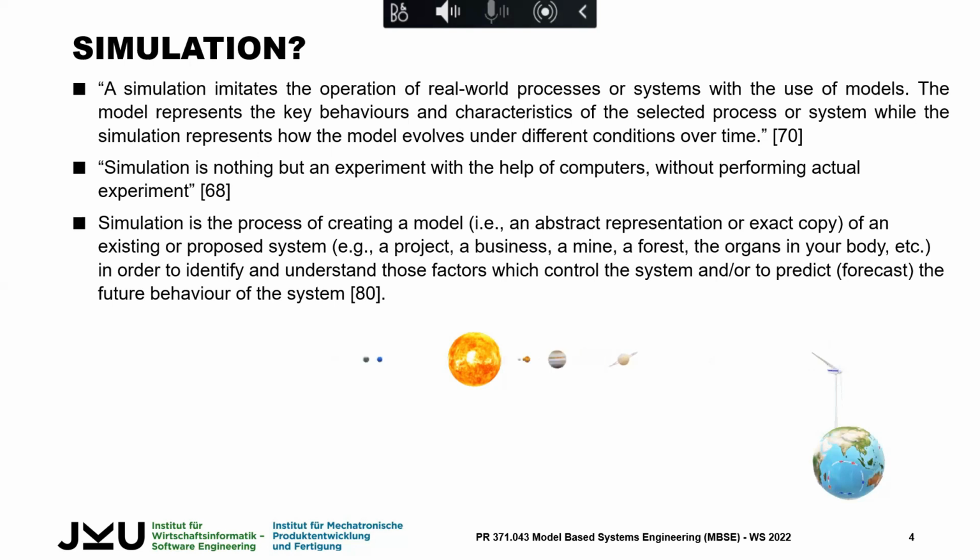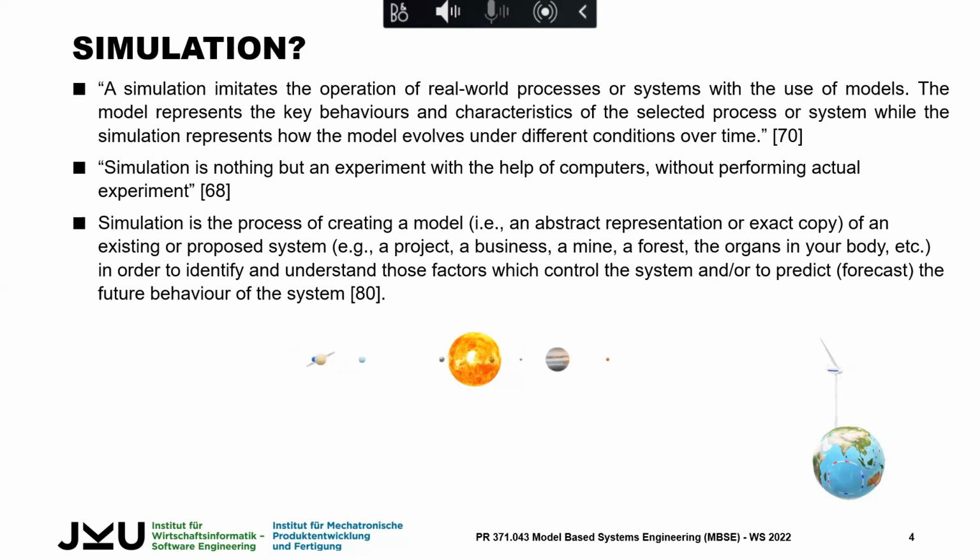But when you talk with, I don't know, industrial designers, normally they consider processes to mean the factory. So be a little bit careful with processes and systems. The model represents the key behaviors and characteristics of the selected process or system, while the simulation represents how the model evolves under different conditions over time.